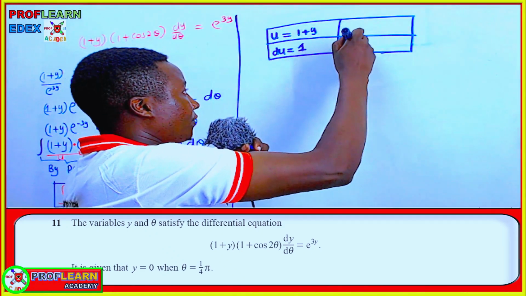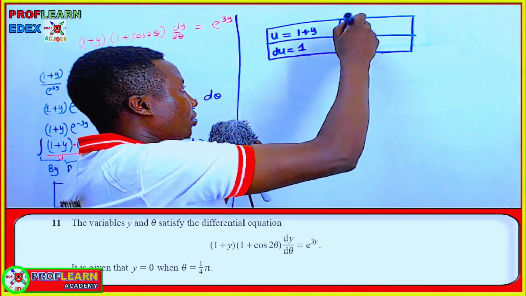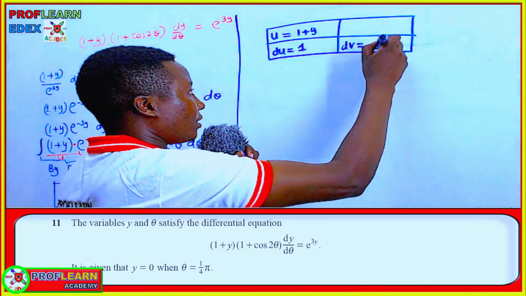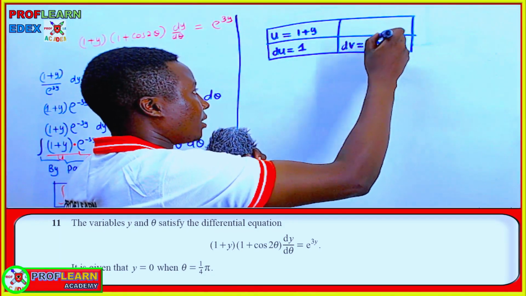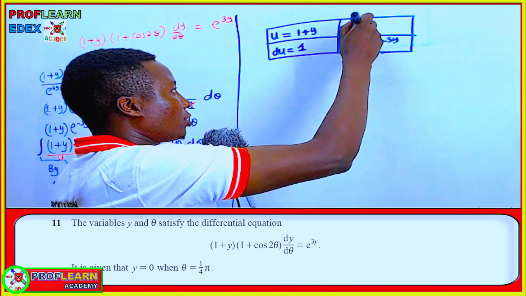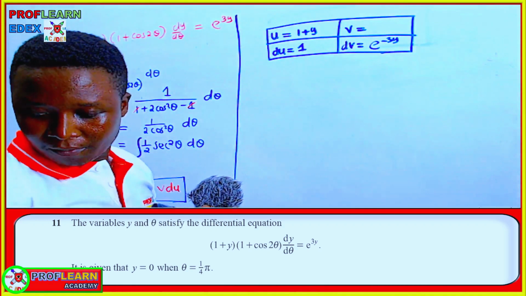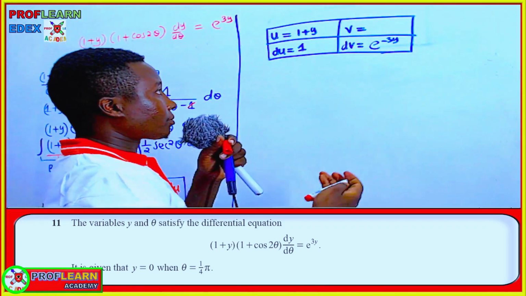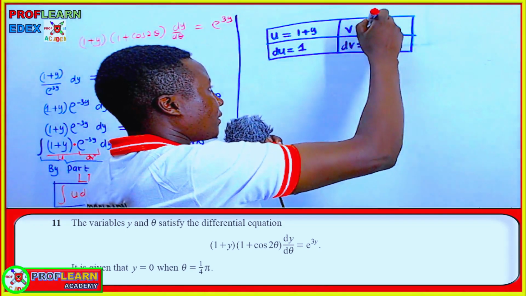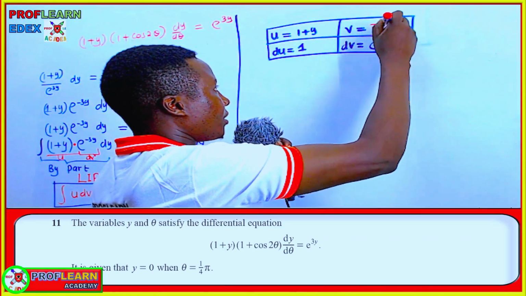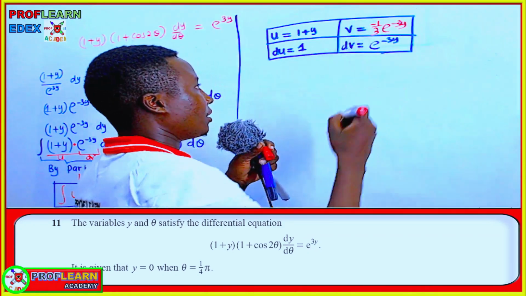And then dv is going to be what? dv, we have said, is e to the negative 3y. Then v, we are going to integrate this, and upon integrating we are going to get negative 1 over 3 e to the negative 3y.